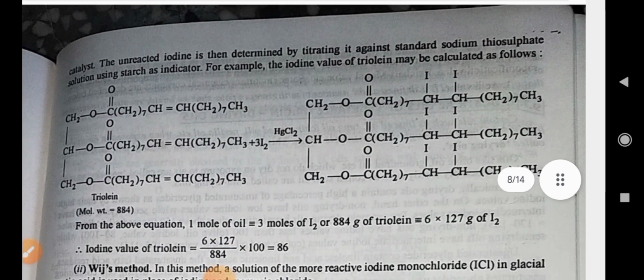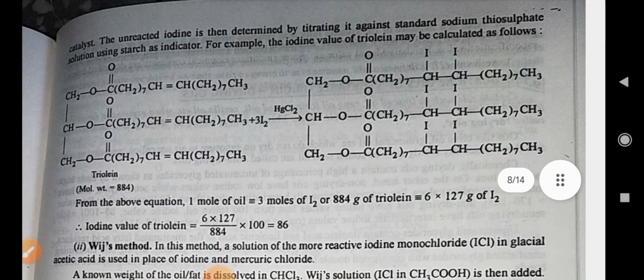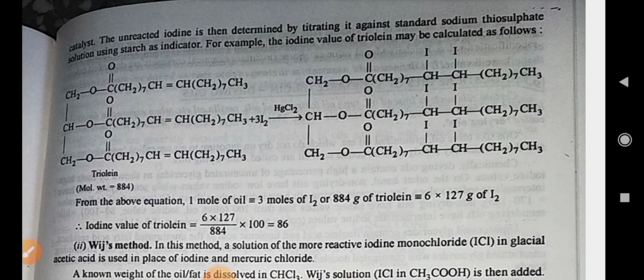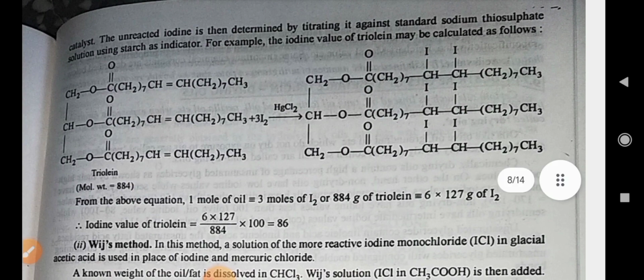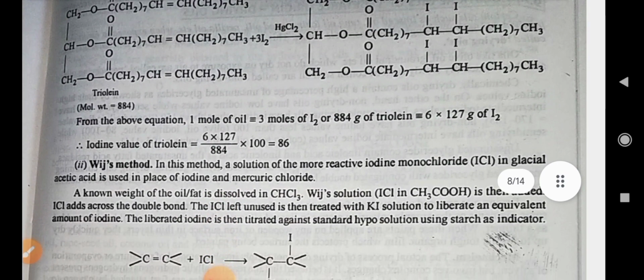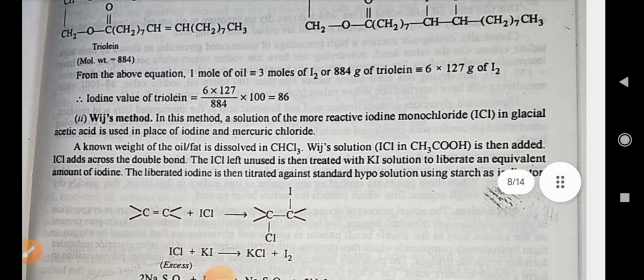The unreacted iodine is then determined by titrating it against standard sodium thiosulfate solution using starch as indicator. For example, the iodine value of triolein may be calculated as follows. Iodine value of triolein is 86.